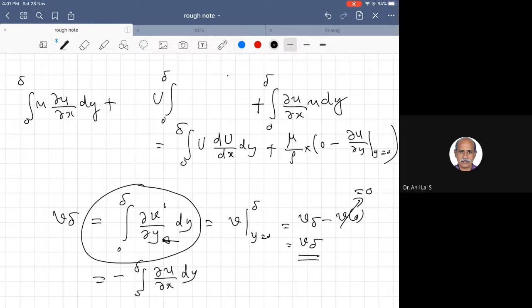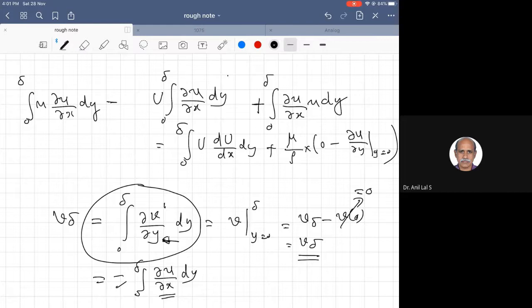We do not want the v in the momentum integral equation, so all these will be replaced by u. So dou v by dou y is replaced by minus dou u by dou x. So I'm having dou u by dou x dy, and there's a negative sign, and that will make this one negative.